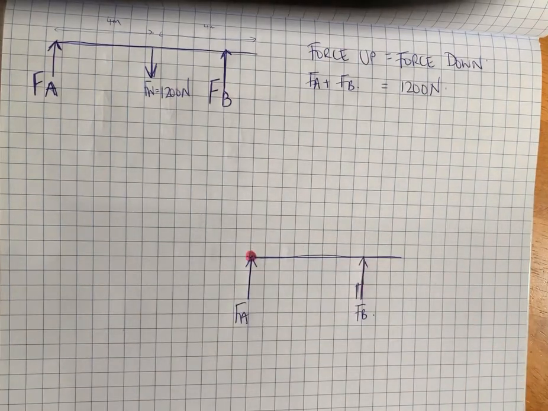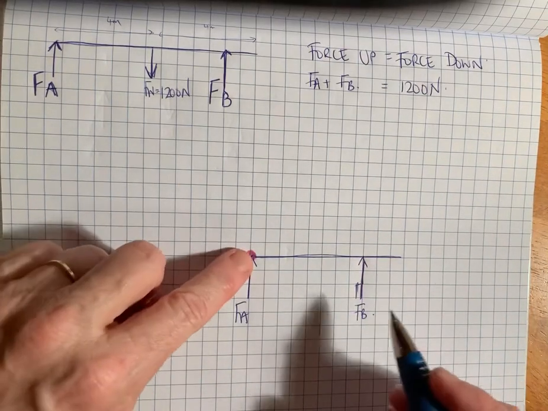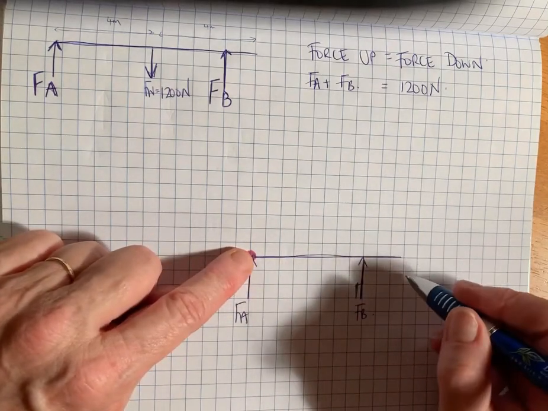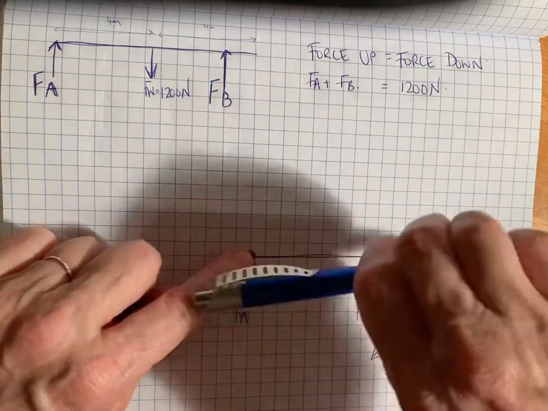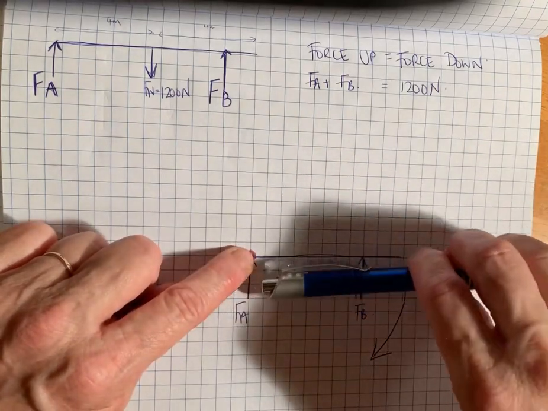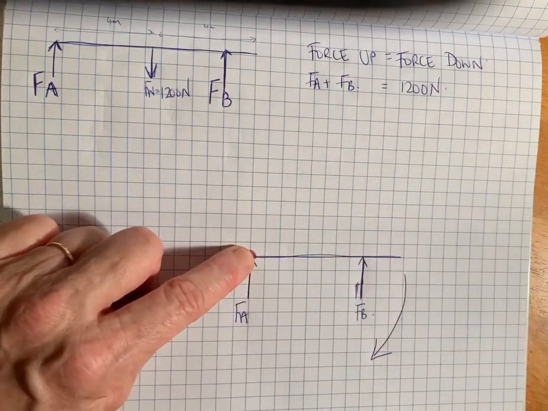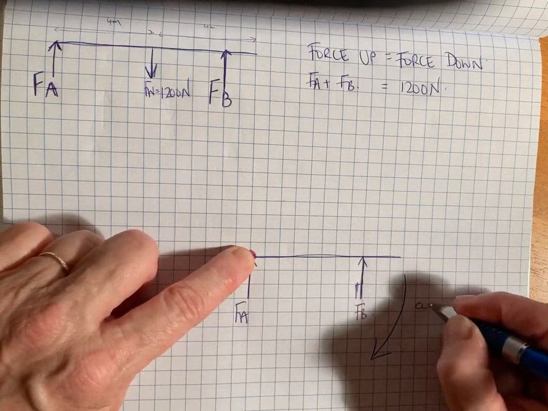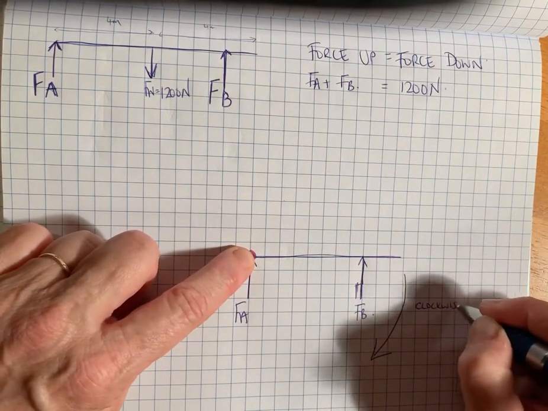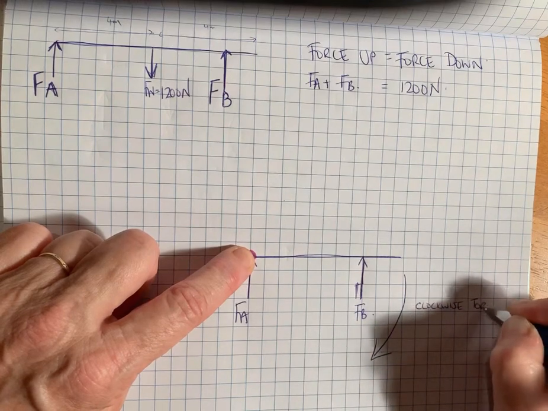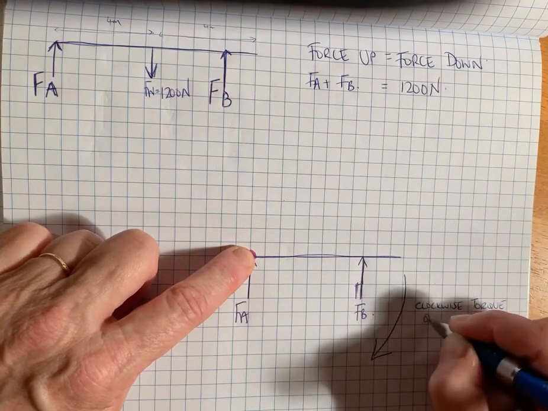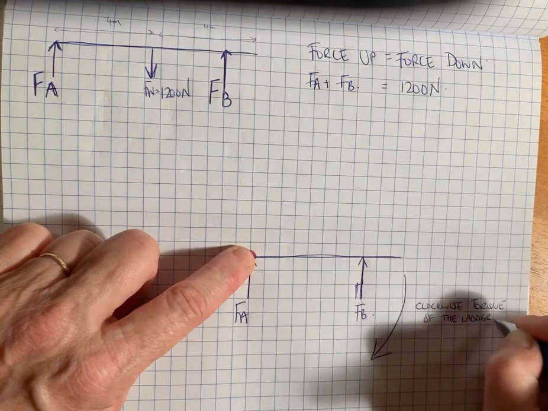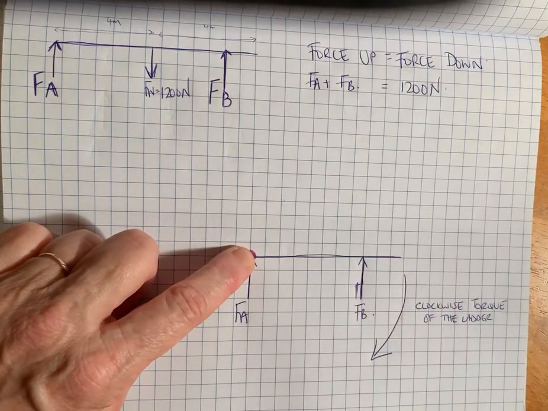Okay, so if we take this point here as the pivot point, if Brian wasn't there, the ladder would fall in this direction. So the ladder would turn in a clockwise direction if Brian wasn't there. So that's the clockwise torque of the ladder. It would come around like this.